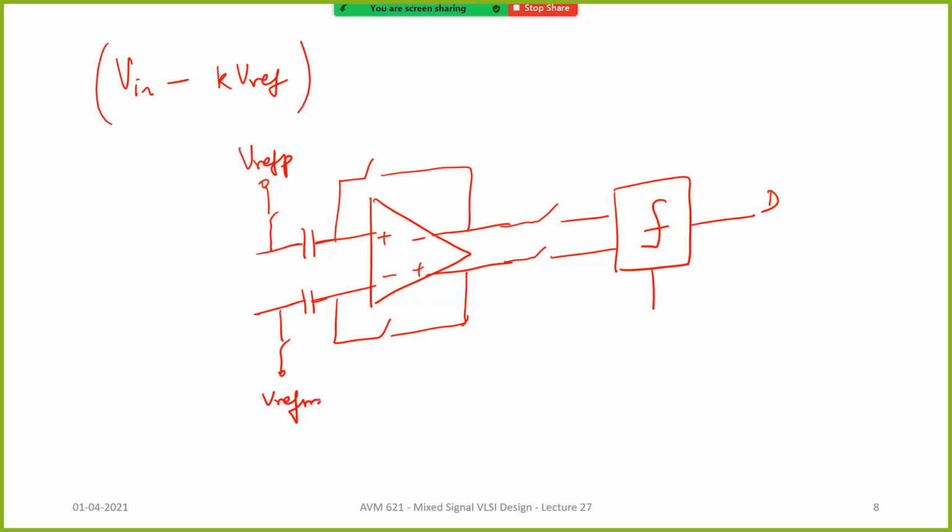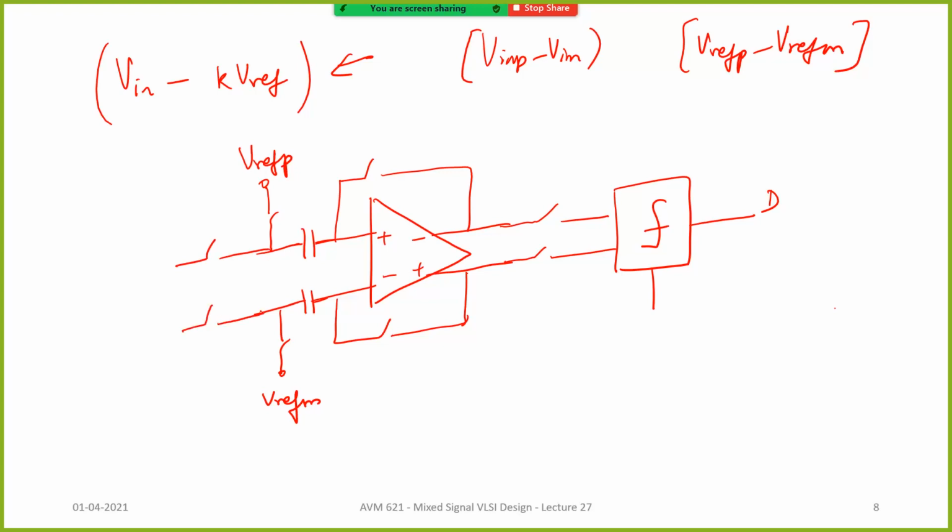Okay. So if this is for the single-ended case, what you will be comparing is basically Vin P minus Vin M being compared with Vref P minus Vref M. Okay. So for a fully differential case, the reference is also differential, the input is also differential. Okay. So this is your Vin P and Vin M. All right.